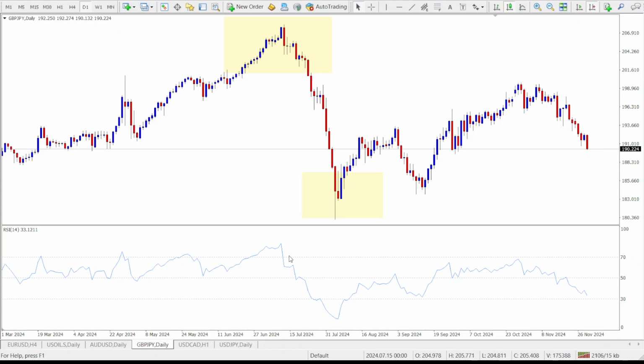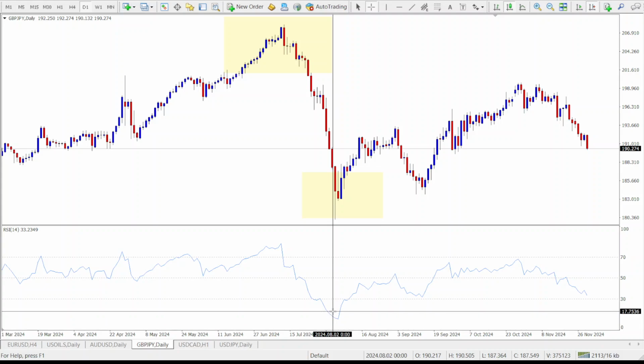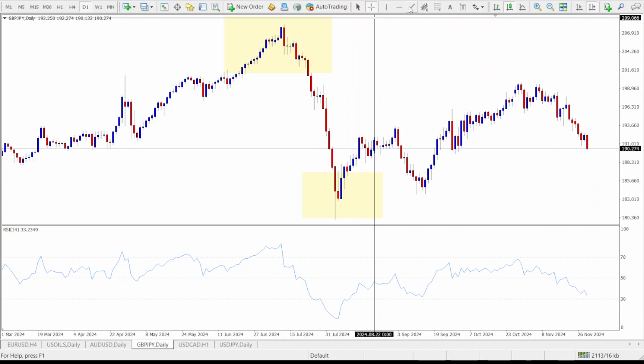For example, if the RSI moves above the 70 level, it's an indication that the market might be overbought and could be ready for a downward reversal. And you can see that that exactly happened here. On the flip side, if the RSI drops below 30, it suggests that the market could be oversold, potentially setting up a bullish reversal, and you can see that that happened here.